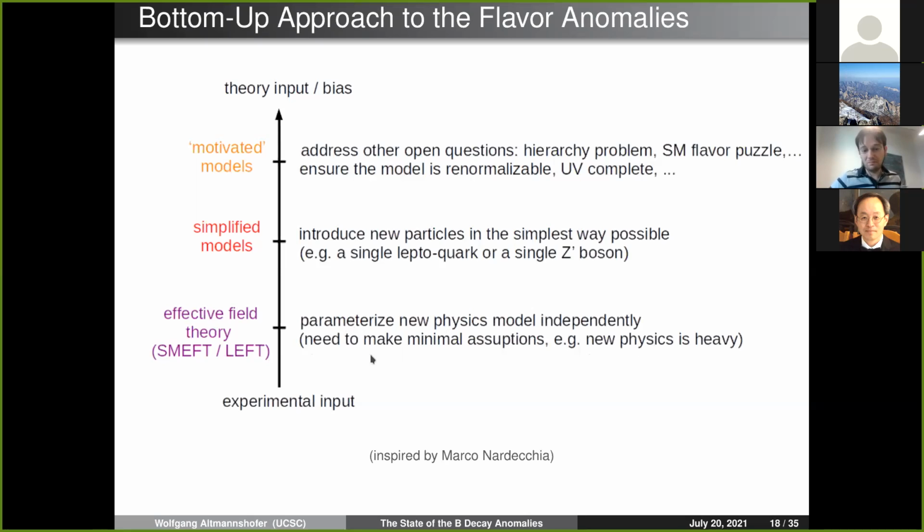So making minimal assumptions, for example, that the new physics that is relevant for this effective interaction is heavy, and that this EFT description actually makes sense.